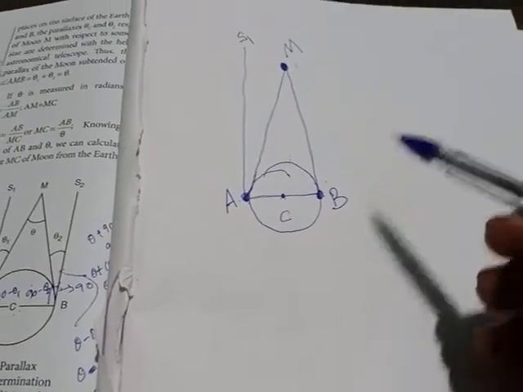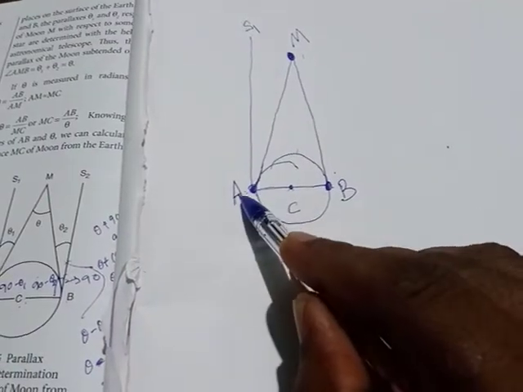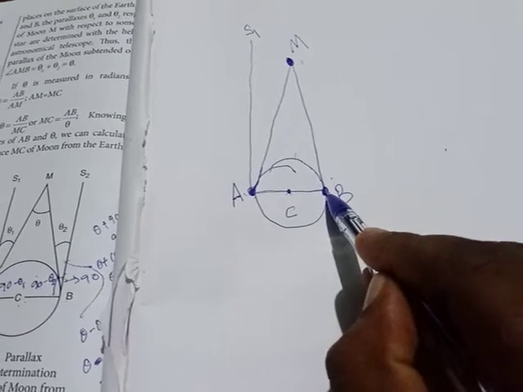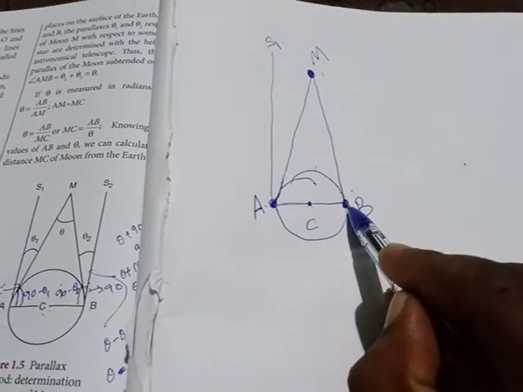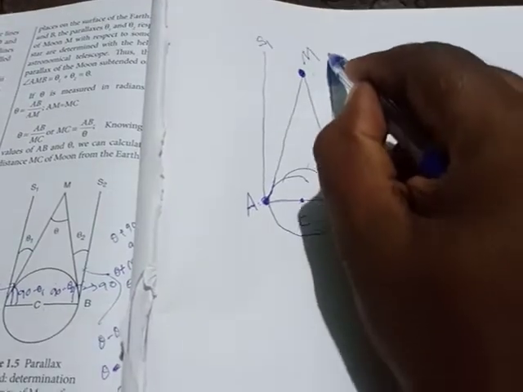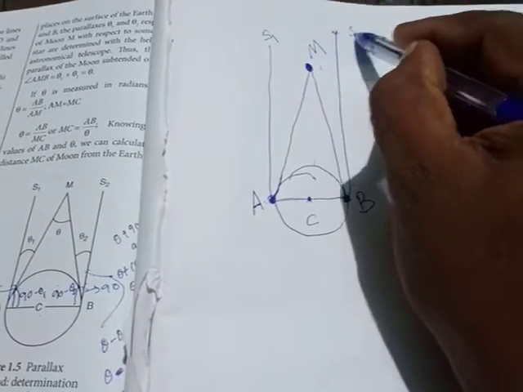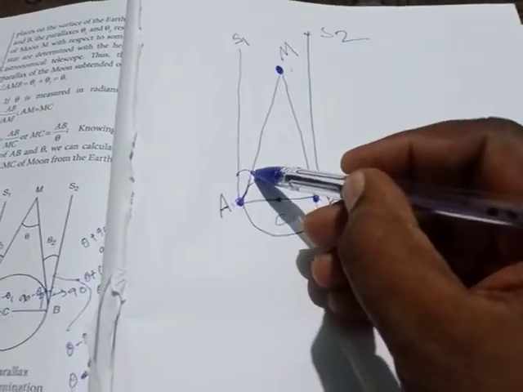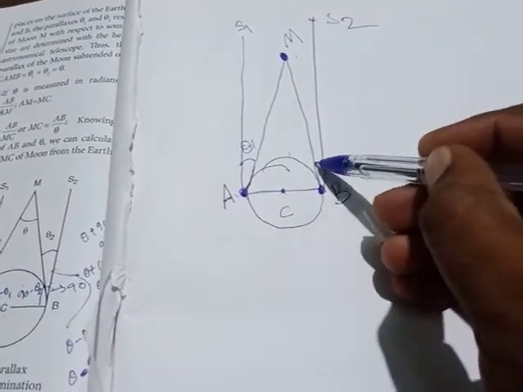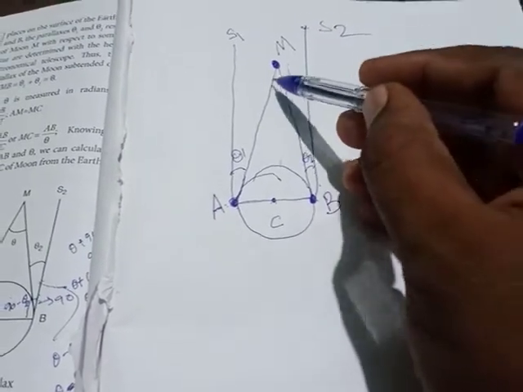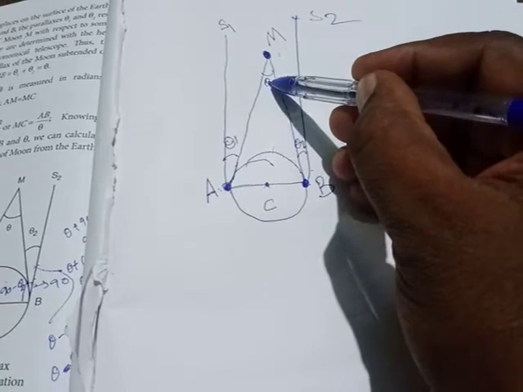Suppose you now shift your position to another place on the earth. Now when you observe, you see the moon in this place. That is S1, S2, and this angle you can take as theta 1, this angle as theta 2, and this total angle as theta.